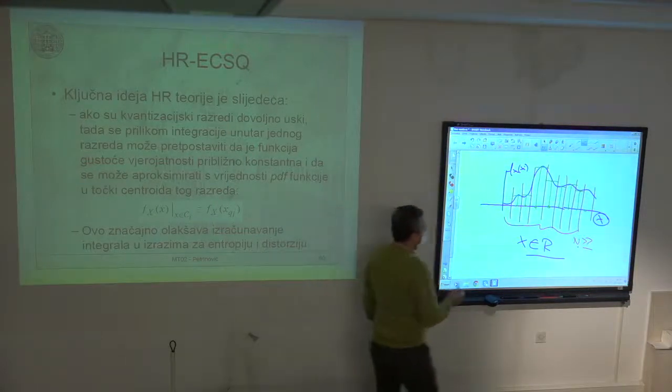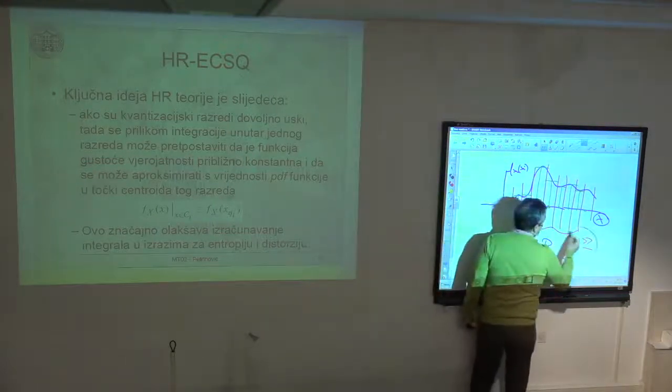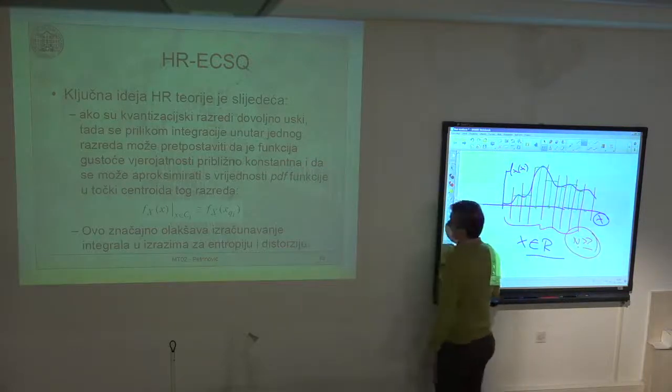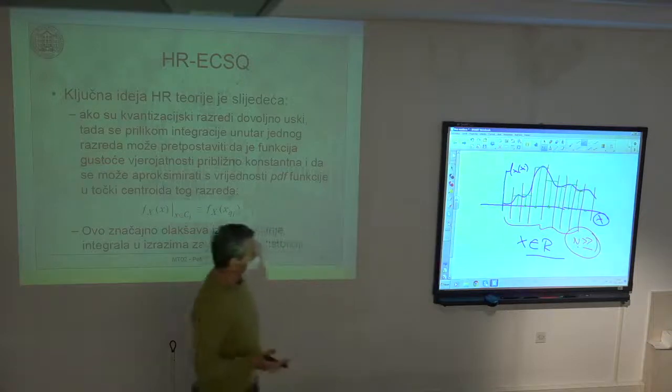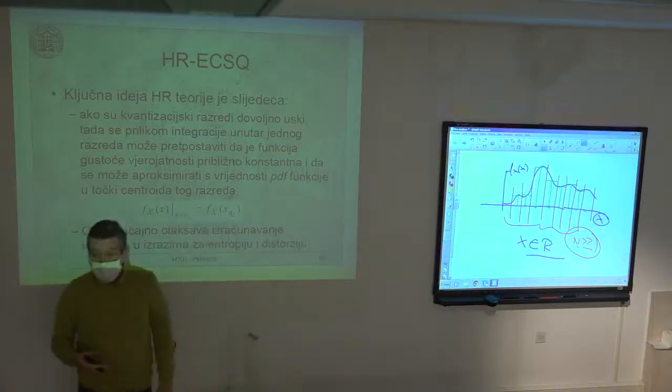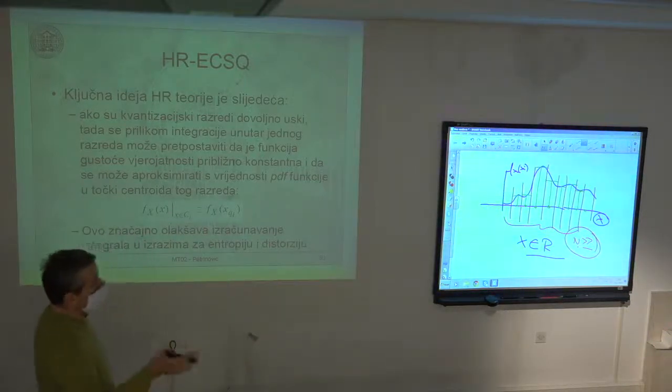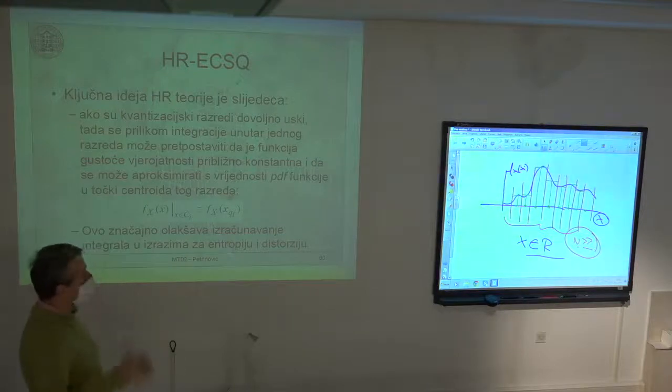So we assume that this number of quantization levels is large. Actually, the output entropy is large in this case because we have many output symbols, and the output entropy is some large value, 3 bits, 5 bits, 10 bits, whatever.